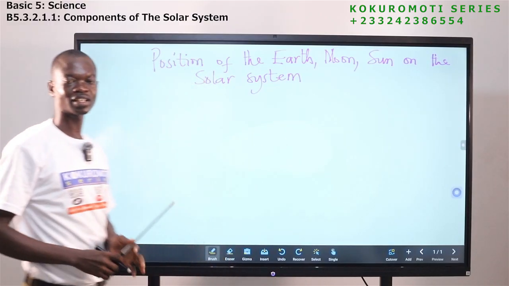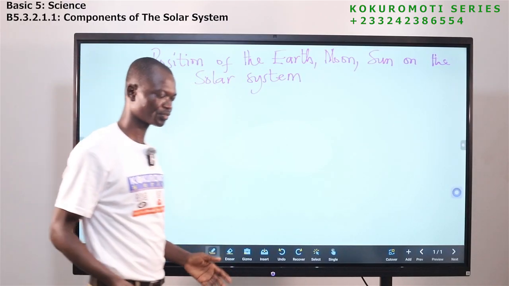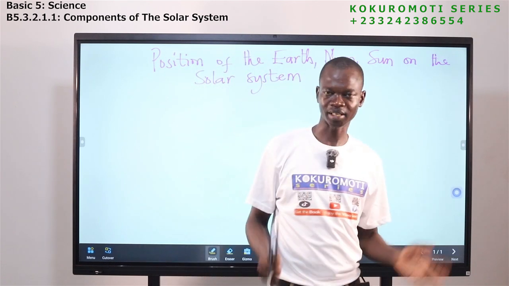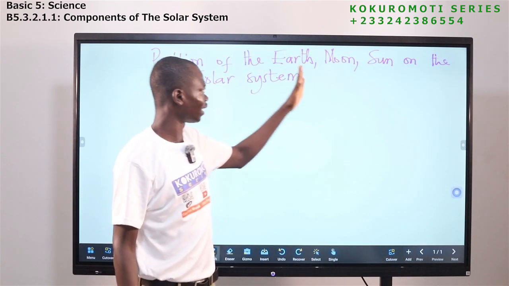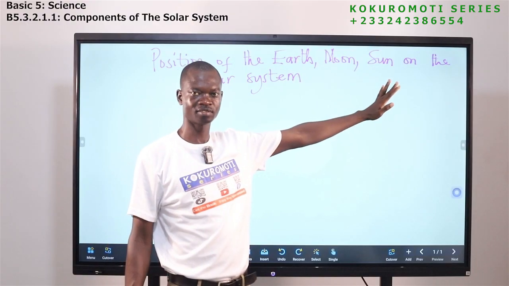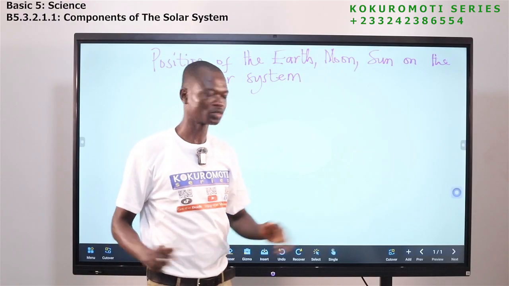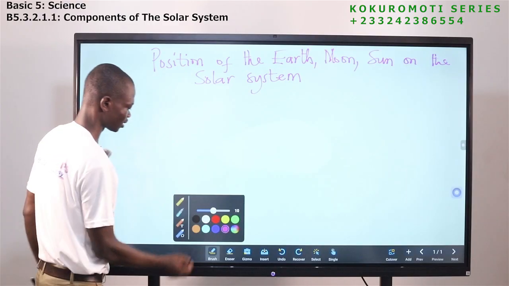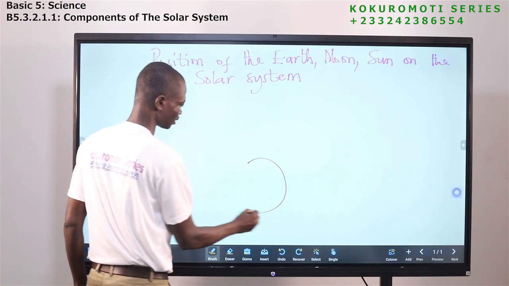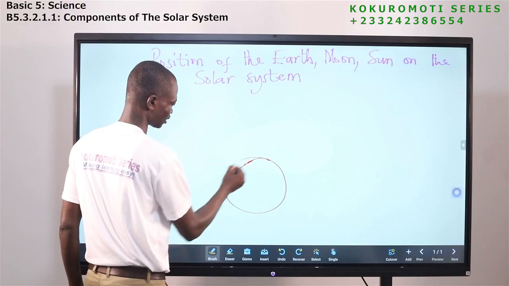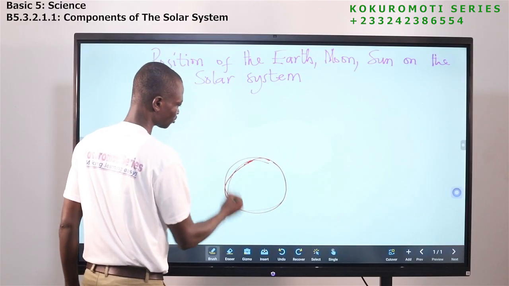So we have learned that the solar system is made up of the Sun, the Earth, the moon, and other planets. We are just going to show only the Earth, the moon, and the Sun. Other planets, we are not bringing them. So this is how the solar system looks. First, we need to get our Sun. The Sun is round like this.